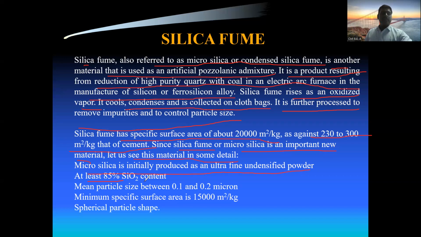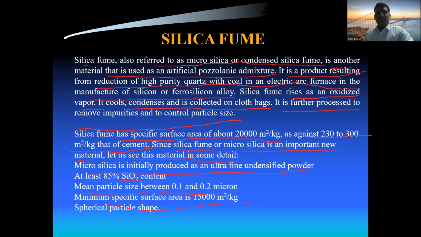At least 85% of SiO2 content is there in the silica fume. Mean particle size between 0.1 to 0.2 micron, then minimum specific surface area is 15,000 meters square per kg, and spherical particle shape.